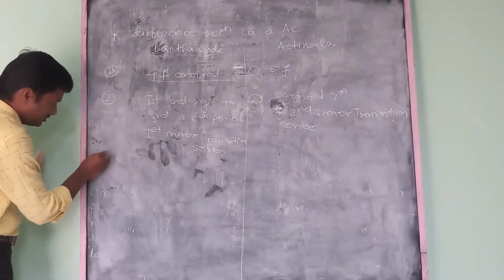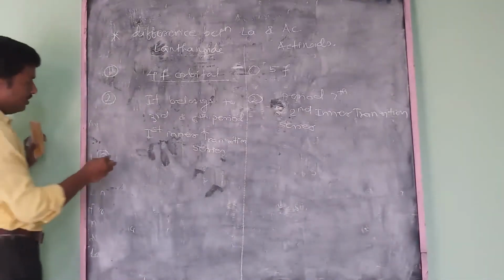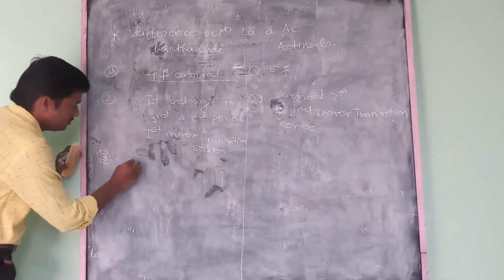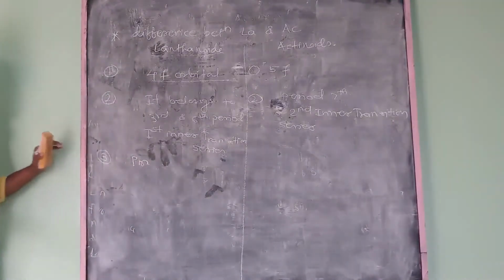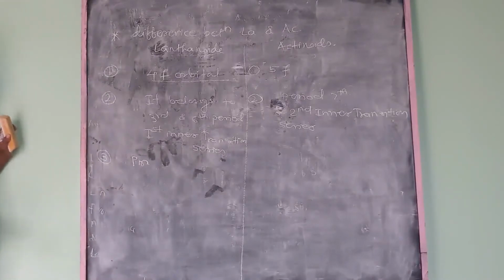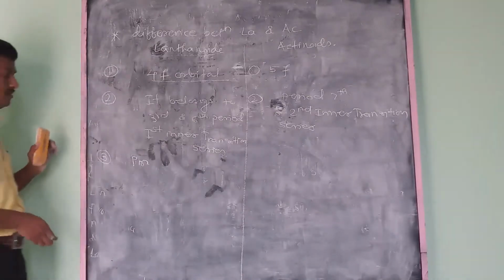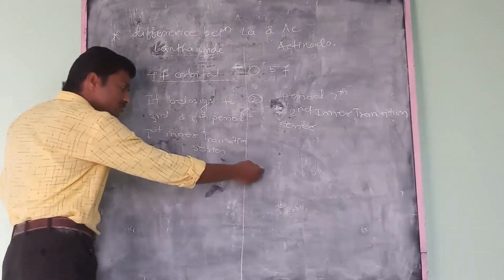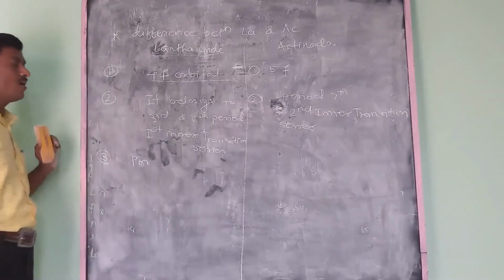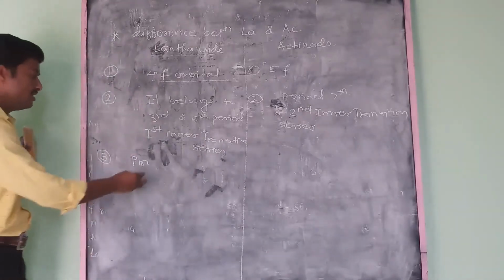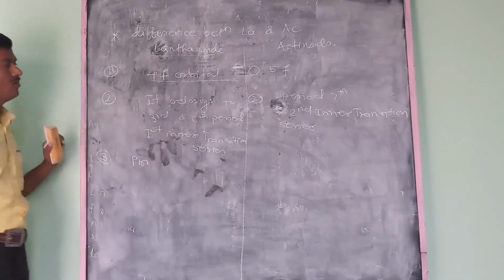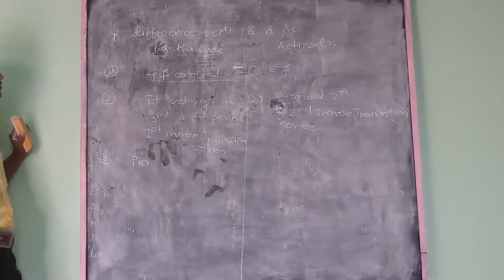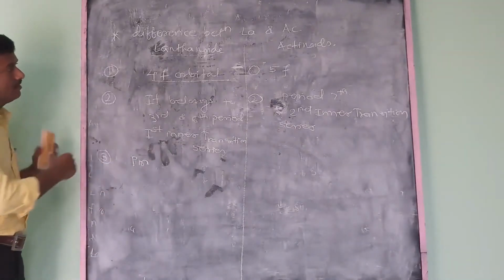Third, among the lanthanoids, promethium is radioactive, while among the actinoids, all elements such as uranium and thorium are radioactive.